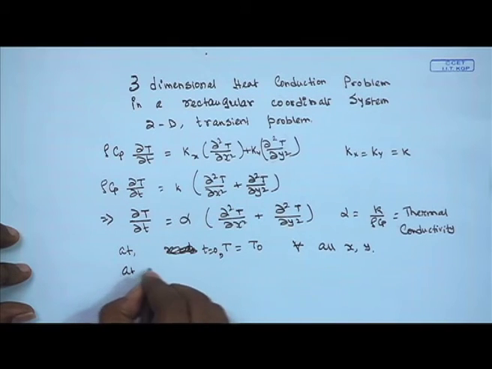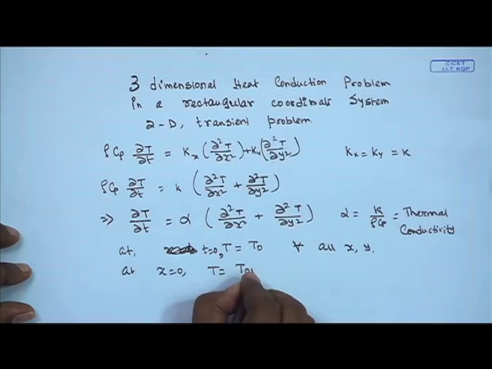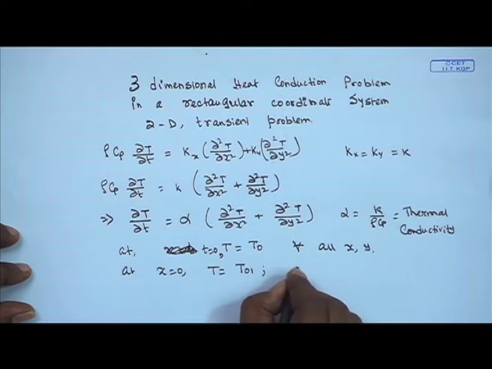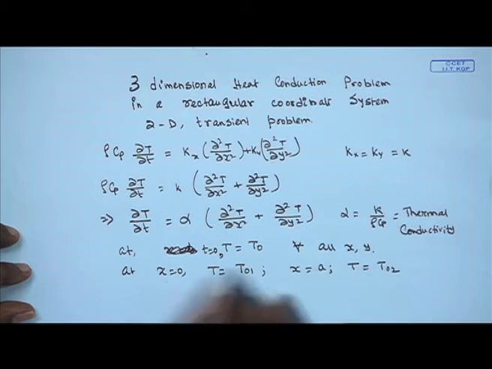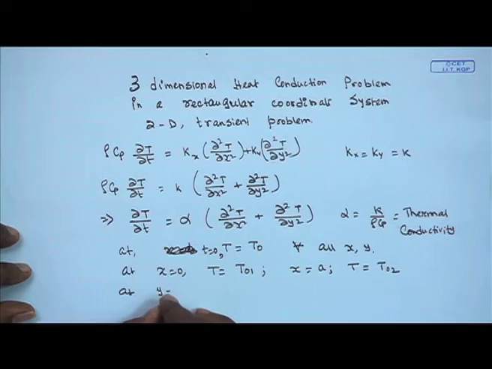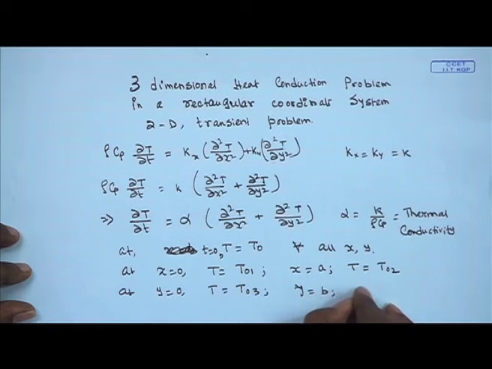Now, at x is equal to 0, let us say T is equal to T01, at x is equal to a, let us say T is equal to T02, at y is equal to 0, we have T is equal to T03, and at y is equal to b, we have T is equal to T04.